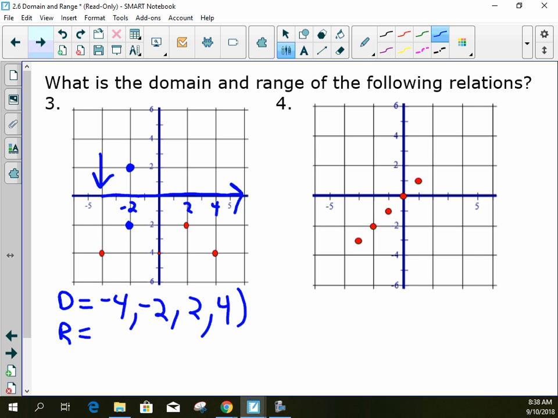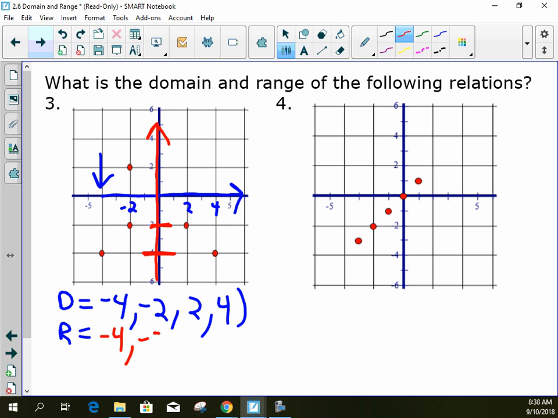Then I go for range. Range, I start down here on my range because y is my range. And I'm going to go this way. Wherever I see a dot, that means, boom, I got a range. Do I have anything at -4? I have 2 of them. How many do I write? Do I have anything at -2?